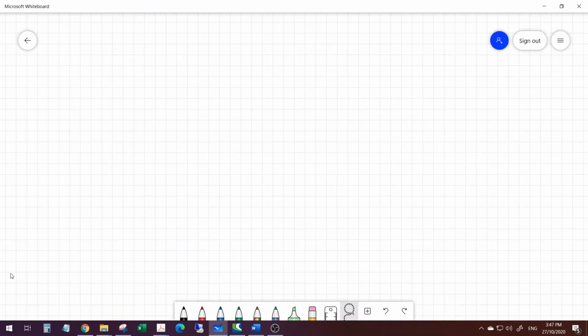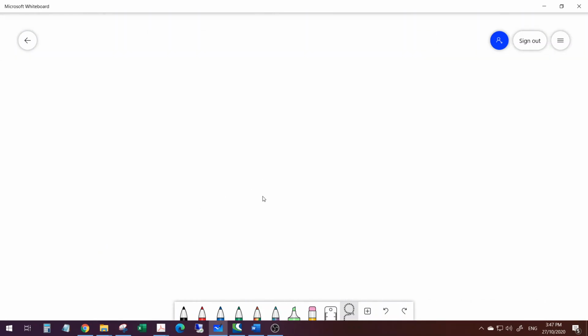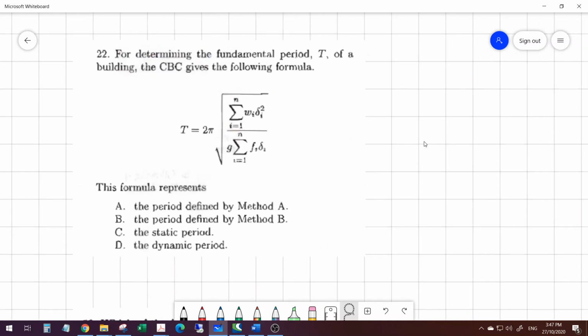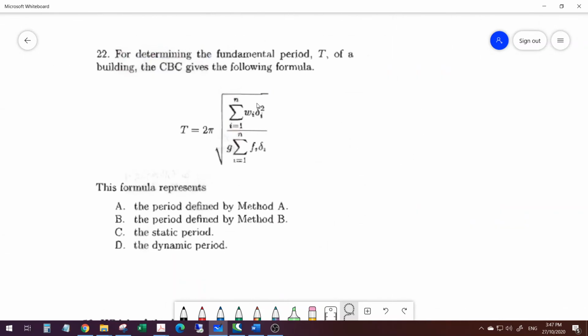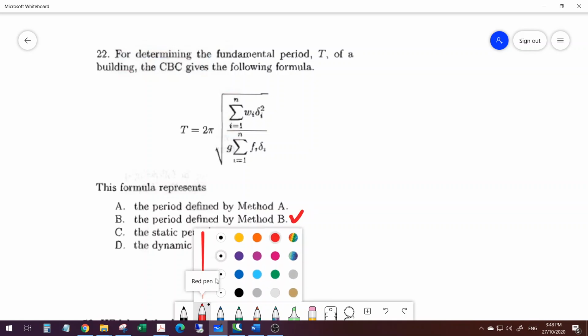So if you go back to our problem, here's the problem. This is method B. What do you notice in that formula?